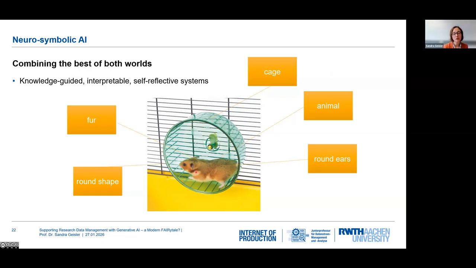So if we then utilize reasoning with knowledge about animals or knowledge about hamsters, in that case, we can derive then: seems to be a hamster in a wheel in a cage. So this we can utilize. This is a very simple example, but this we can utilize to come up with better results in the end.